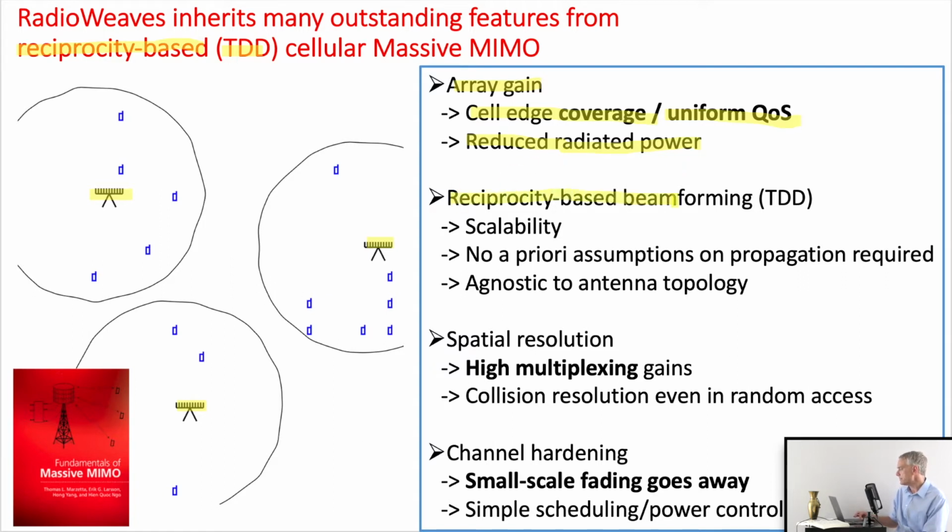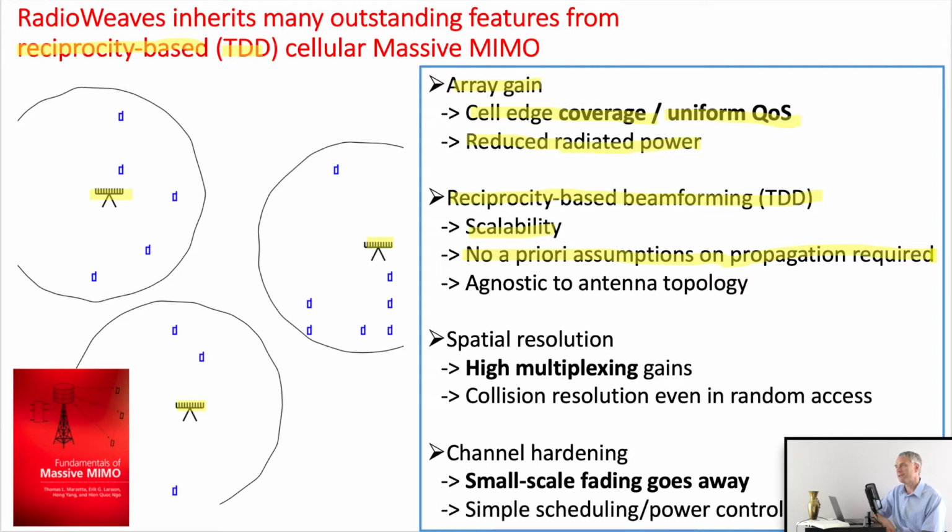The reciprocity-based beamforming in TDD mode is scalable with respect to the number of service antennas. The pilot resources required are only dependent on the number of terminals that we want to multiplex simultaneously. Another advantage of TDD and reciprocity-based operation is that no prior assumptions on propagation are required.